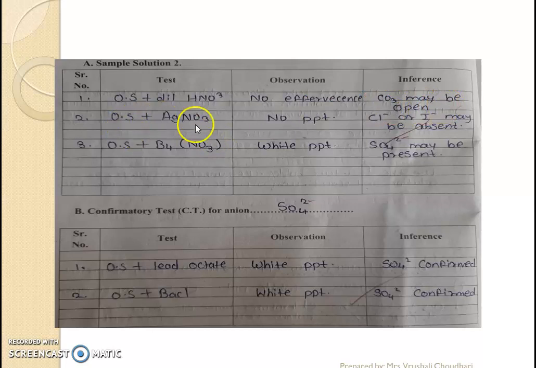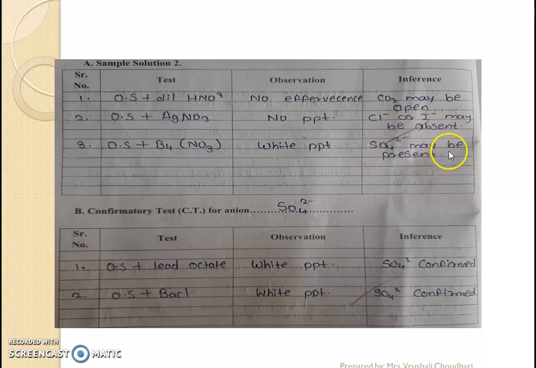OS plus AgNO3: no PPT, chlorine, bromine are absent. Third test: as the first two are absent, we perform the third test. OS plus barium nitrate, white PPT, we will say that SO4 2- is present.